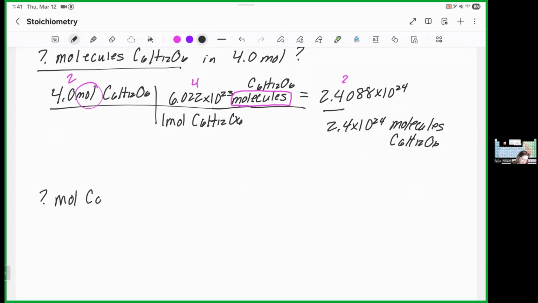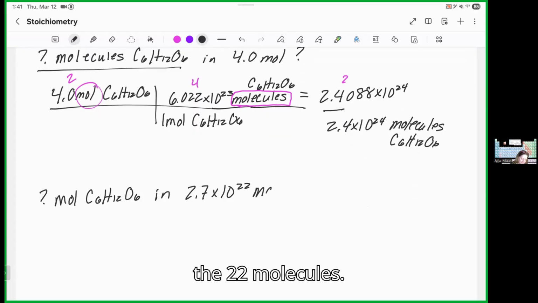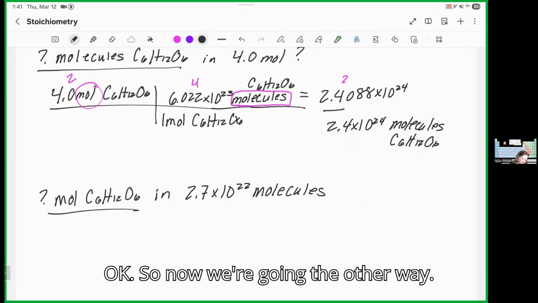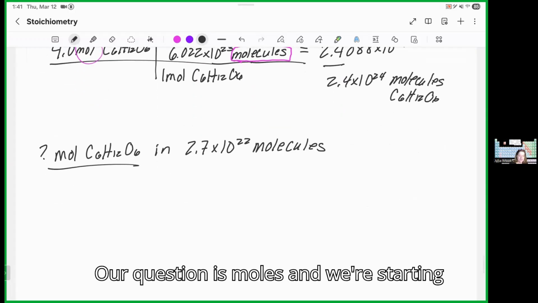Okay. Now, what if I said how many moles of C6H12O6 are in 2.7 times 10 to the 22 molecules? Okay, so now we're going the other way. Our question is moles, and we're starting with the molecules.